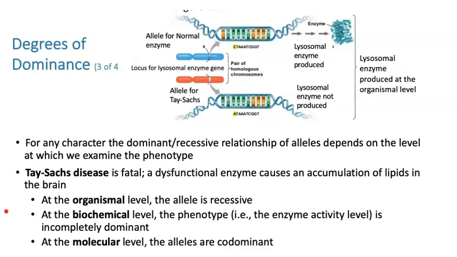So if you have a gene and it's on a chromosome and you've got one allele, let's be real specific here. Let's take an example from a disease, and this disease that we're going to talk about is Tay-Sachs disease. This is a fatal disease. It's caused by an enzyme that doesn't function. Specifically, this enzyme is found in the lysosomes of your cells.